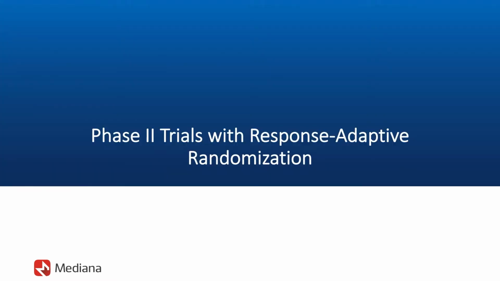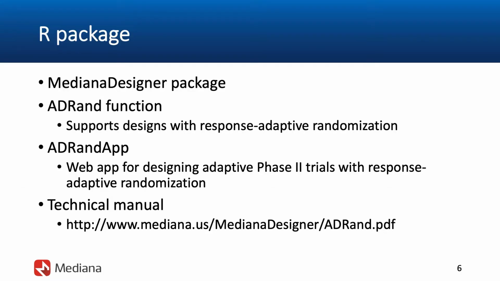So the main goal of this video is to introduce software tools for phase 2 trials that support response adaptive randomization. Before we get into technical details, as I said earlier, software for trial simulation plays a key role in this online training program, and that's why we've built a large number of free software tools to help you and other research teams around the world design clinical trials with adaptive, data-driven decision rules.